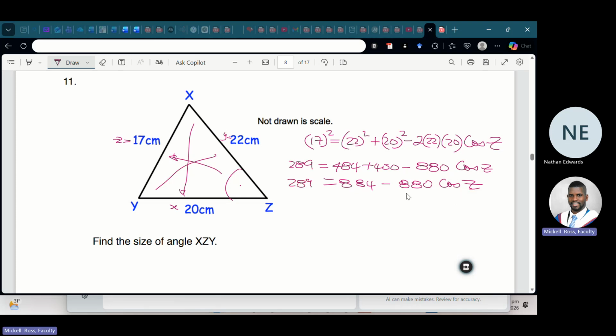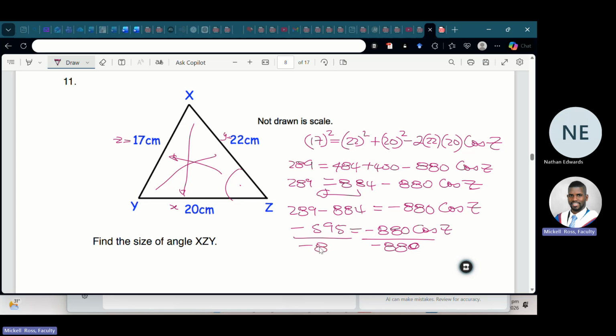So we're solving for cos of Z. So it's going to be 289 minus 884 equal to negative 880 cos of Z. Negative 595 is equal to negative 880 cos of Z. Divide by negative 880.